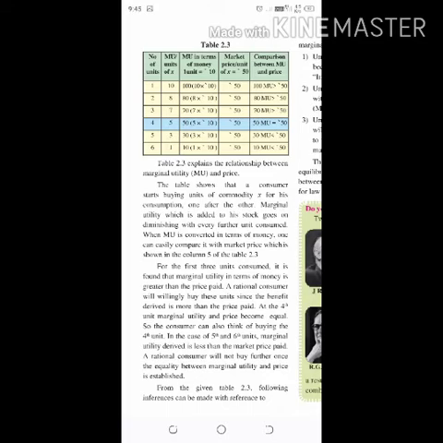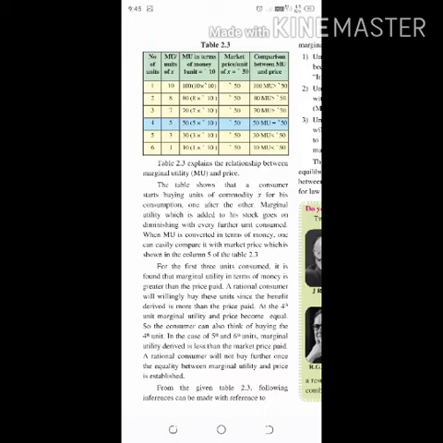The unit at which the MU becomes equal to the market price, that is MUX is equal to PX, marginal utility is equal to price, is the consumer equilibrium. The consumer equilibrium is shown in the fourth unit.